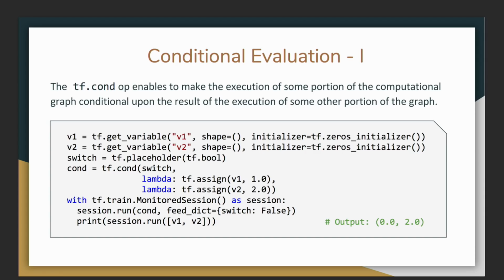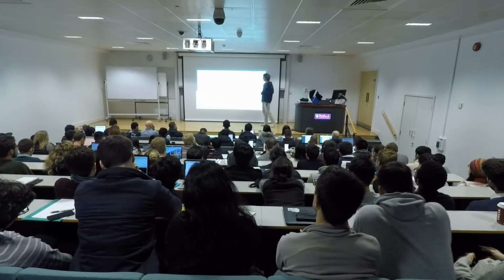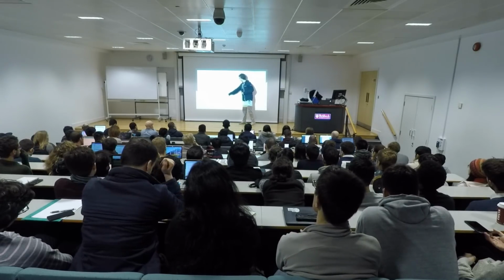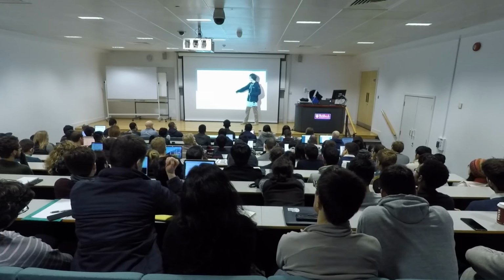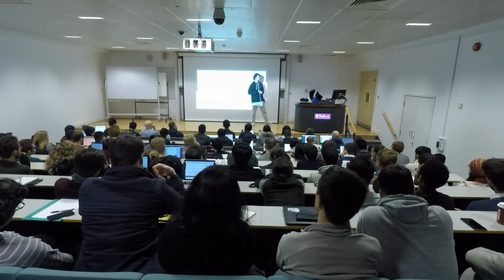So if you do this, you define two variables. You define a placeholder for a switch, so we can feed the true or false when we call session.run at leisure. Then we define a tf.cond, which returns you the output of assigning 1 to v1, or the output of assigning 2 to v2, depending on the value of the switch.